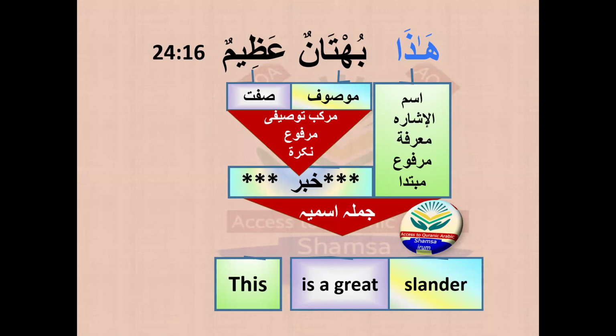Any word during the course which is the same as fa'il, like azim, kareem, rahim, you can write on that page. These words are called sifa mushabbaha. When you translate this type of words which come on the wazn of fa'il, don't say only 'great' for azim, or 'big'; you have to say 'very big', or you can say this is a great slander.